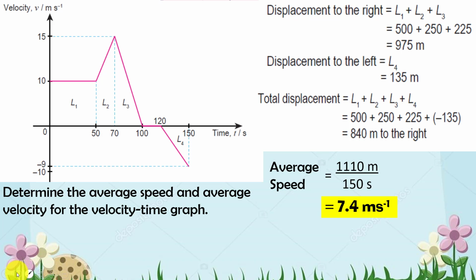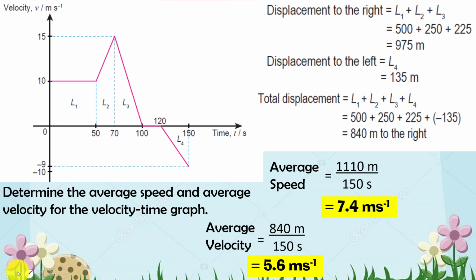How about the velocity? Velocity means you need to take the displacement. The total displacement is 840, and the time taken is the same, 150. So the answer is 5.6 m s^-1. Normally the velocity is smaller than the speed because the displacement is smaller than the distance.